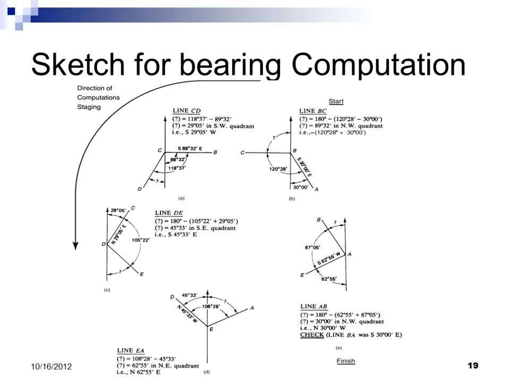It's the same traverse with our starting azimuth of 330 degrees. That makes our starting bearing what? If our starting azimuth of A to B, this azimuth here, was 330 degrees, what is our bearing of A to B?